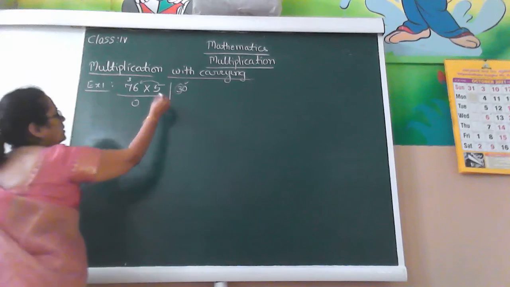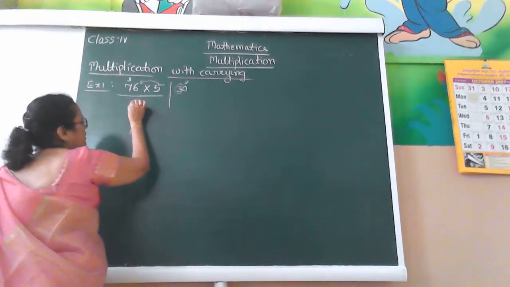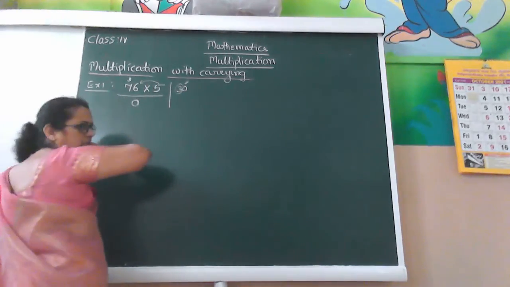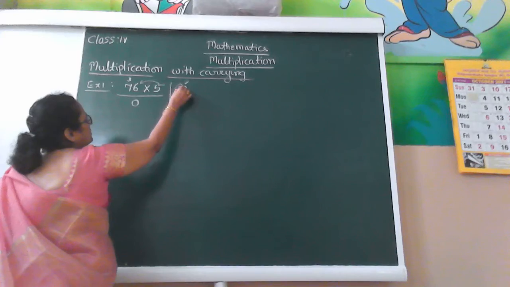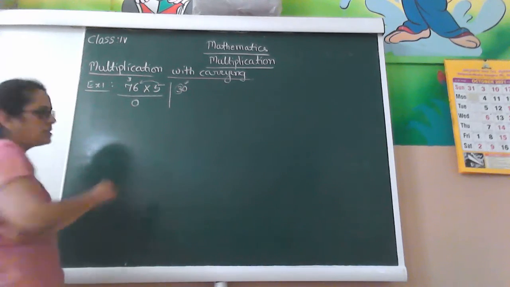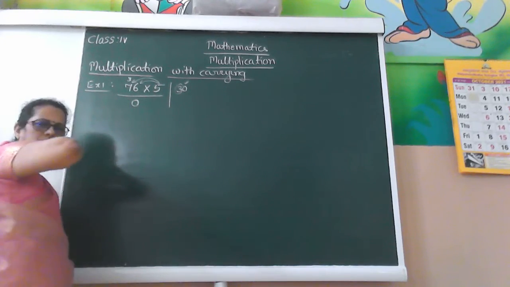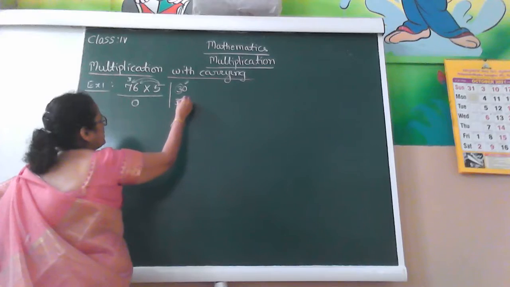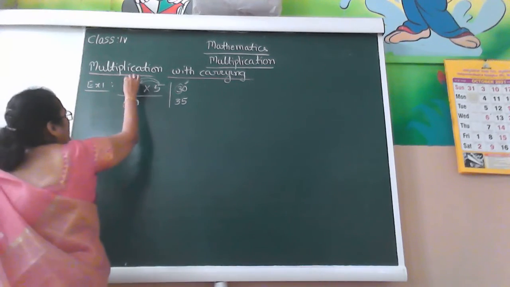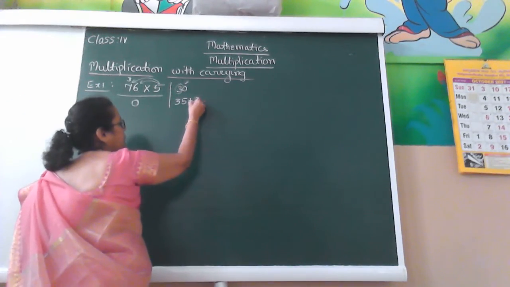See here, 5 sixes are 30. Write this 0 here. Then 3 you give above 7 as a carry. Now next, multiply 5 sevens, how much? Yes, it is 35. Then 3 carry is here, so add 3 for this.